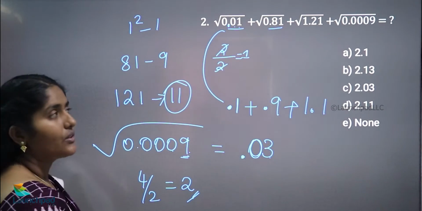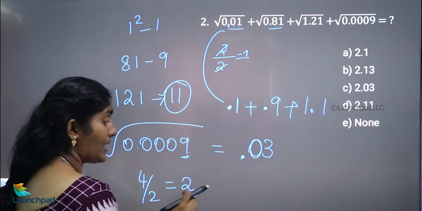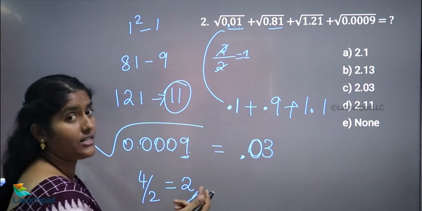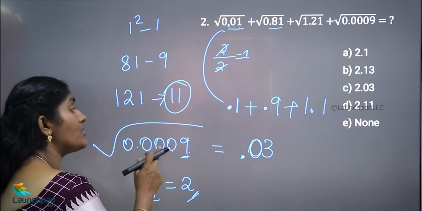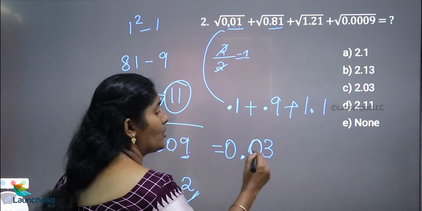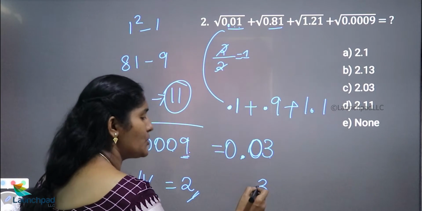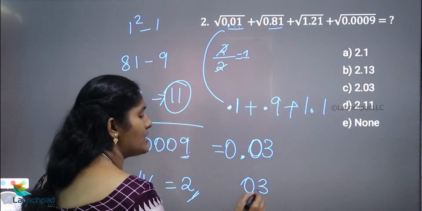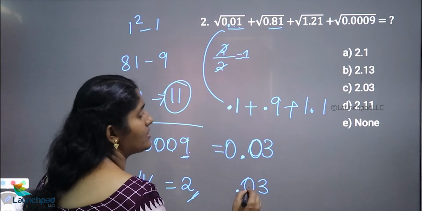So we want to make this 3 as 2 decimal places. So the square root of 0.0009 is 0.03. But as we have only 1 digit 3, we should add 1 more 0. Now these are the 2 digits.